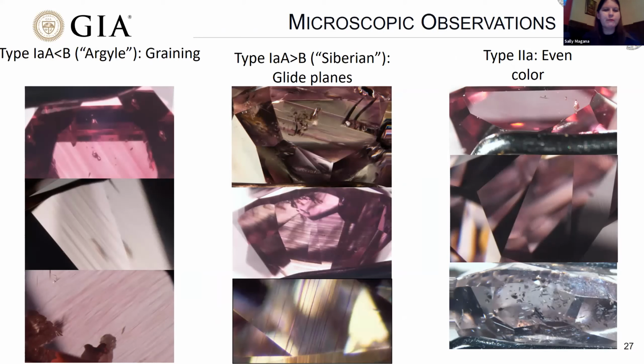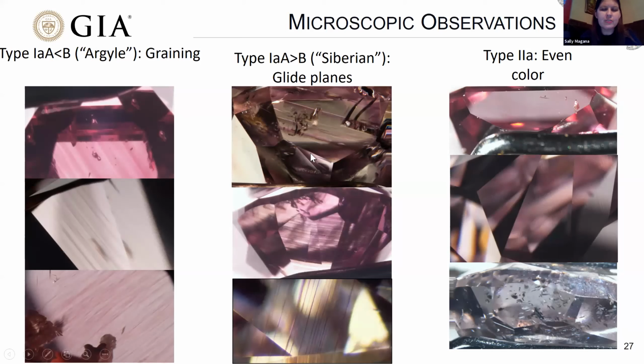For example, on the far left, I see what we term graining, and these are wavy lines, and you can see the color is concentrated within those wavy lines, but outside that you can also still see pink color. We're just calling that graining, and we see that by and large in stones from the Argyle mine.